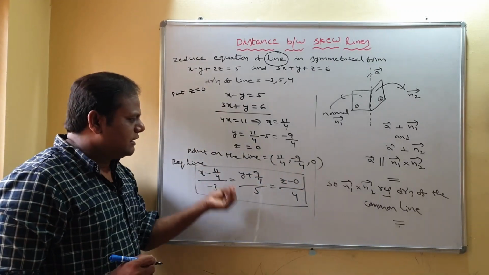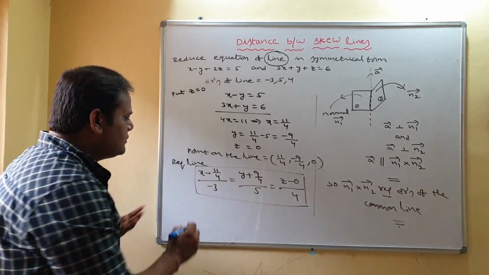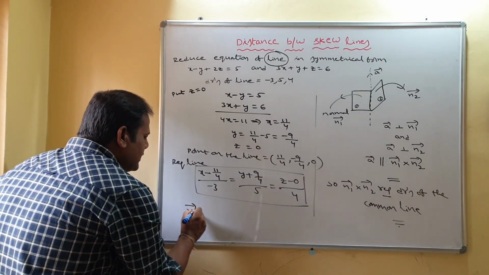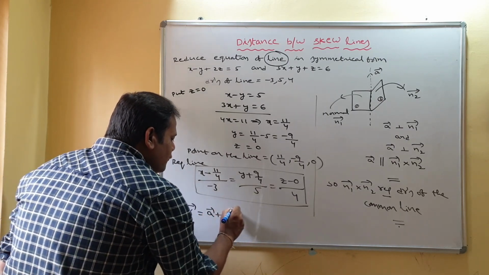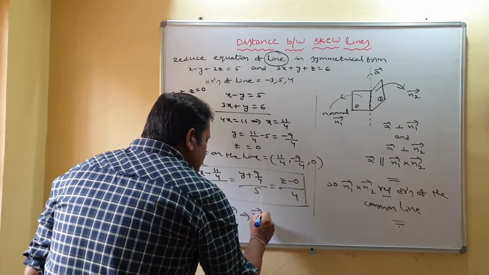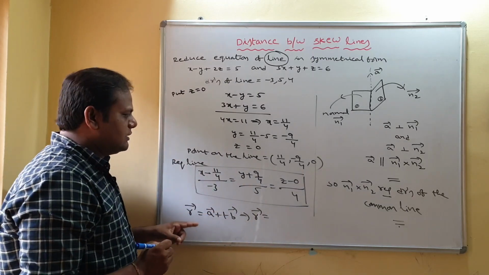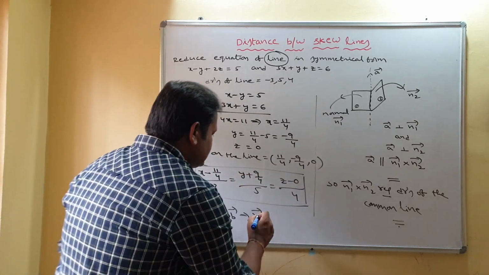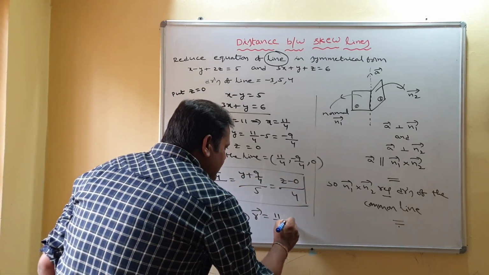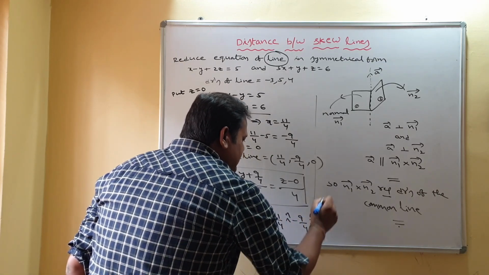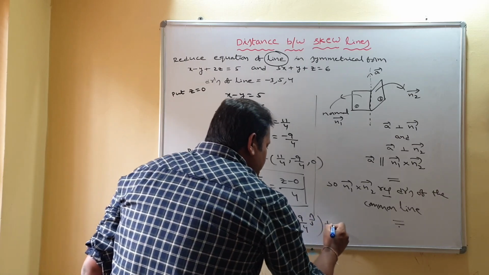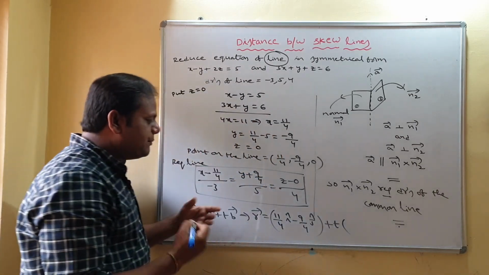How to write the equation of the line in vector form? That is r bar equals a bar plus t b bar. What is a bar? A bar is the point on the line, which is 11 by 4 i cap minus 9 by 4 j cap plus 0 k cap, plus t into b bar.